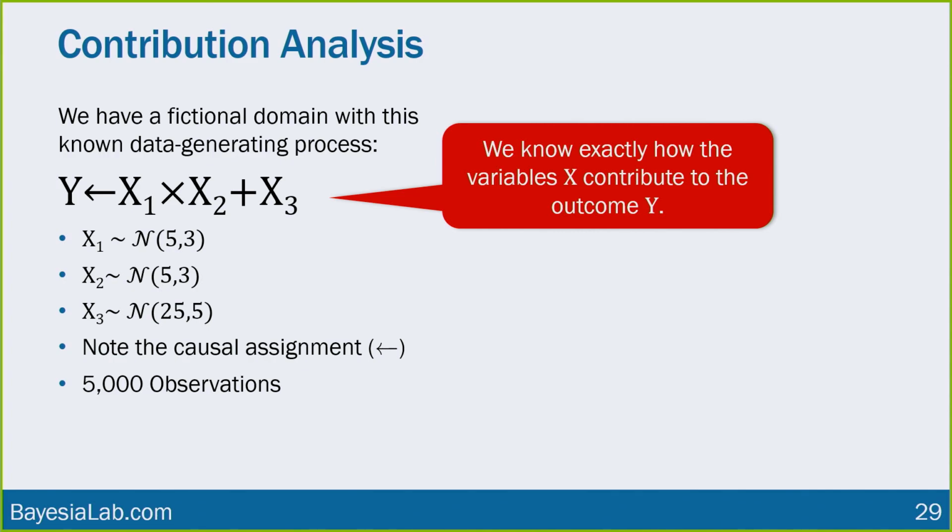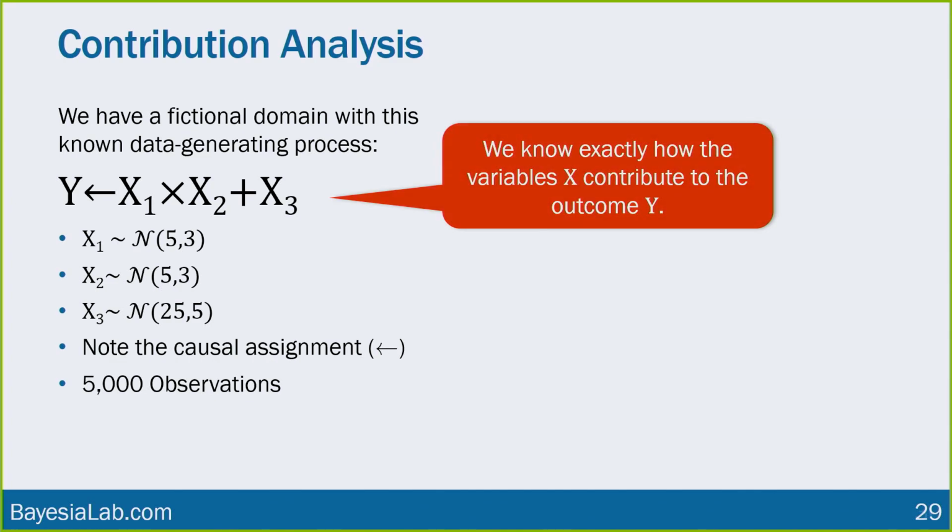All the values of these variables are drawn from these distributions. And the exact nature of these distributions doesn't matter really. We're simply using this to create some synthetic data, which we can then subsequently analyze. But please note, we're saying here x1, x2, x3 are causing y. This is not just a mere equality.